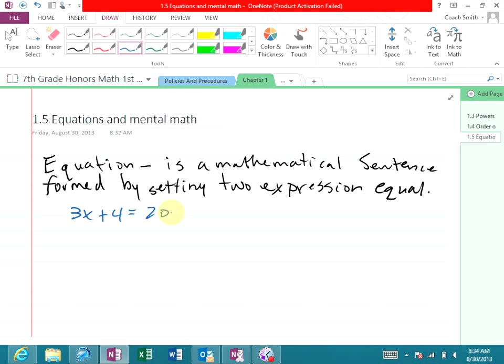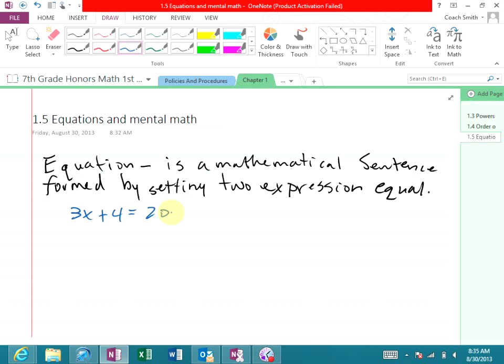So both sides must name the same number. Now, we don't know what x is. But whatever x is, when you multiply it by 3 and then add 4 to it, it's going to have to equal 20. Now, in that particular example, it's going to be a decimal number and all that, but I just thought of it out of my head, so it is an example.